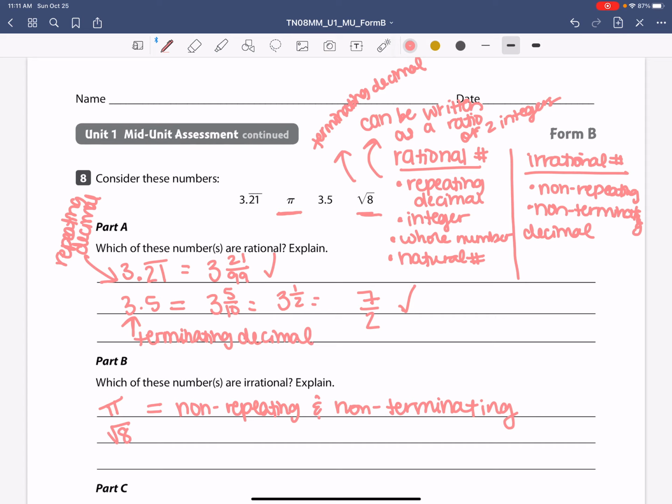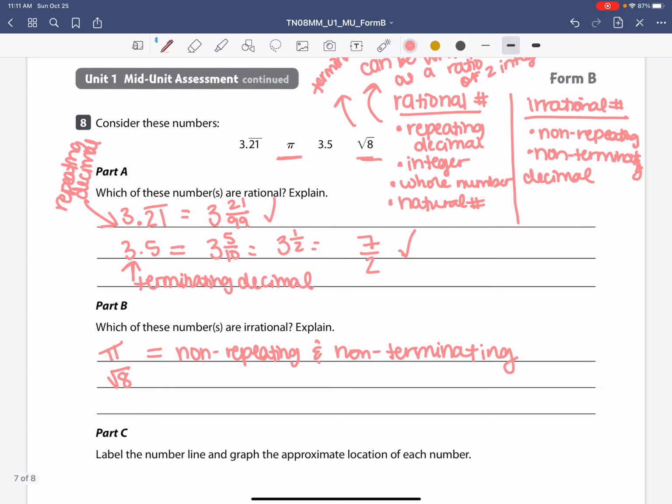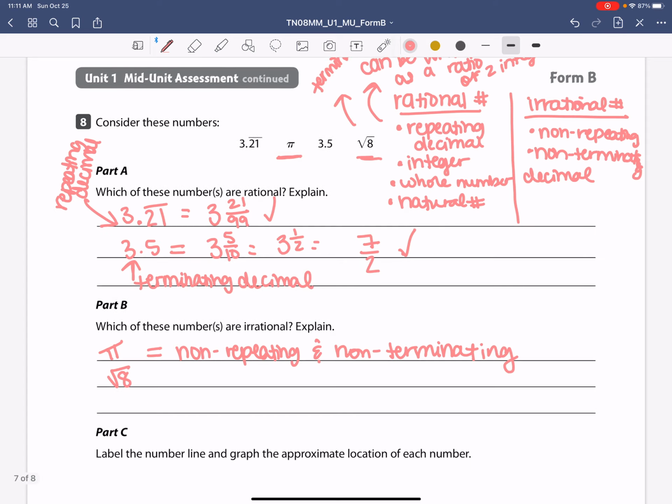The square root of 8 is irrational because once we throw in the square root, the square root of a number can only be rational if the number inside the radical is a perfect square. 8 is not a perfect square. And I'll write that out as well.